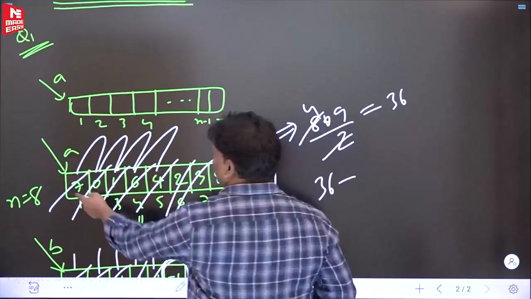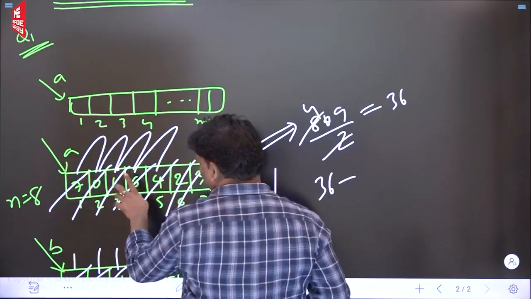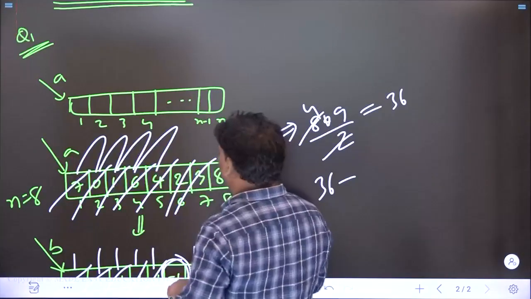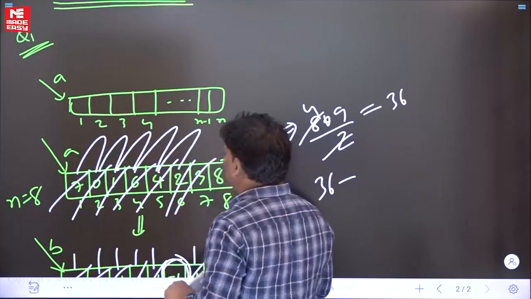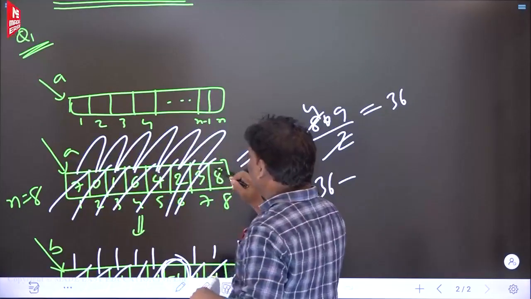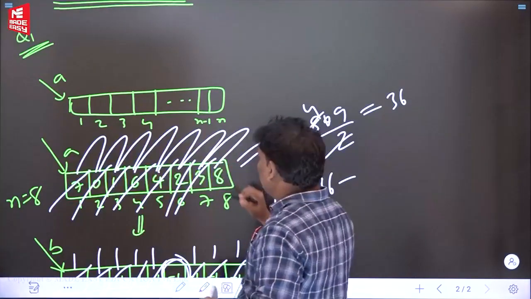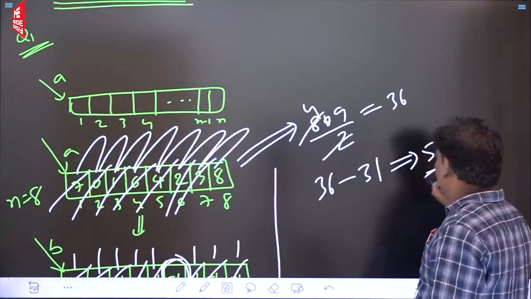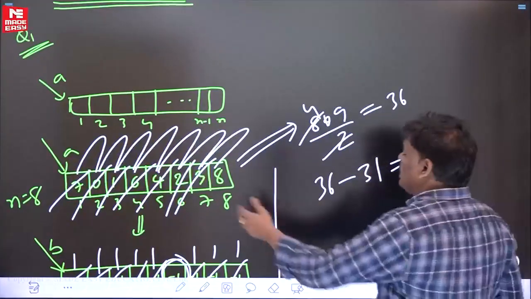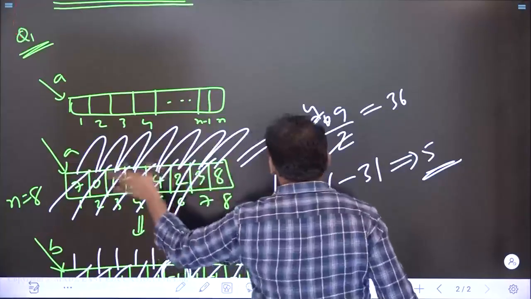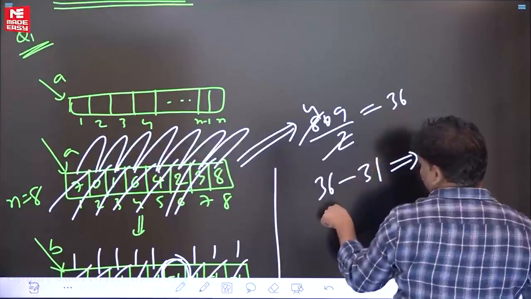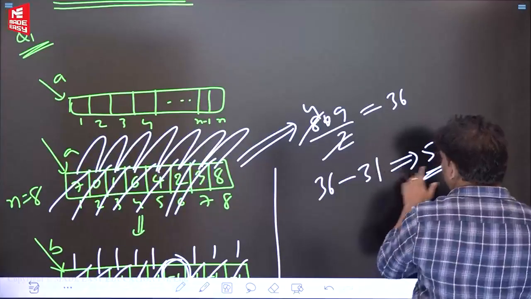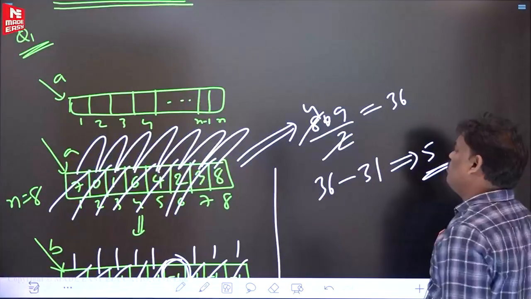I am repeating once again: 18 plus 2 is 20, 20 plus 3 is 23, 23 plus 8 is 31. So 31. What is the remaining value? 5. The sum of 8 natural numbers is 36, and from that total you subtract 31. If you do that, 5 comes, so 5 is the missing number.